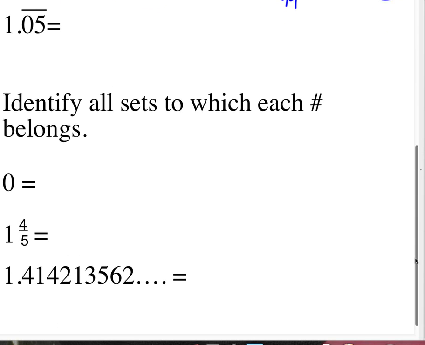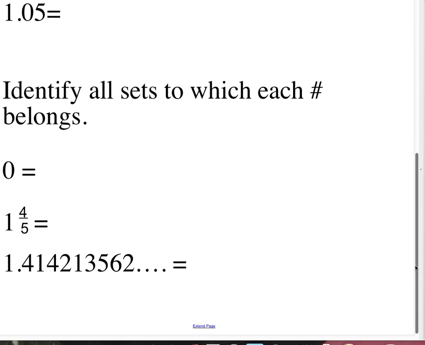The last thing we're going to talk about in this lesson and in class is we're going to practice identifying all sets to which numbers belong. In other words, how many ways can I classify these different numbers? So think about the number 0. Think about that chart that you saw in the very first slide. Where was 0? It was on the innermost bubble, right?